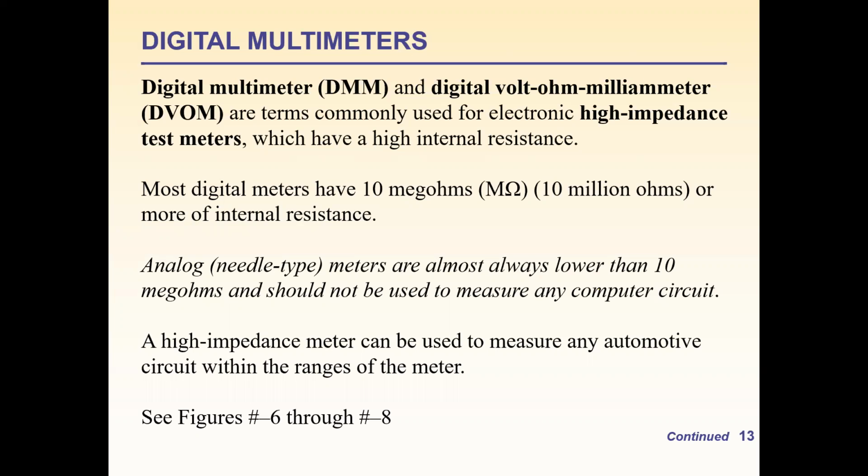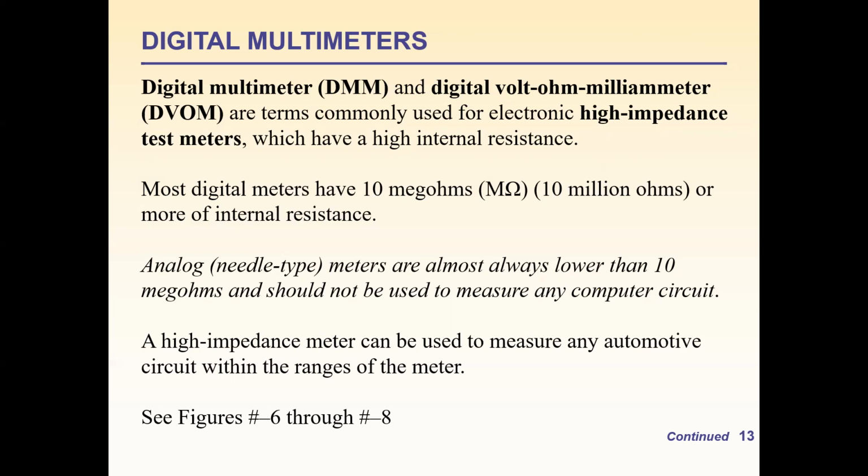It is abbreviated as DVOM. These are called electronic high impedance test meters, which have a very high internal resistance. These digital multimeters have a value of 10 mega ohms of internal resistance.